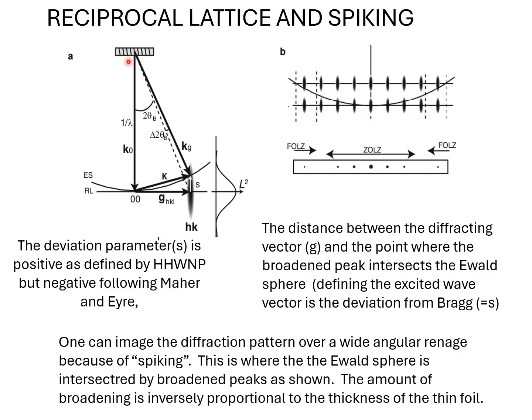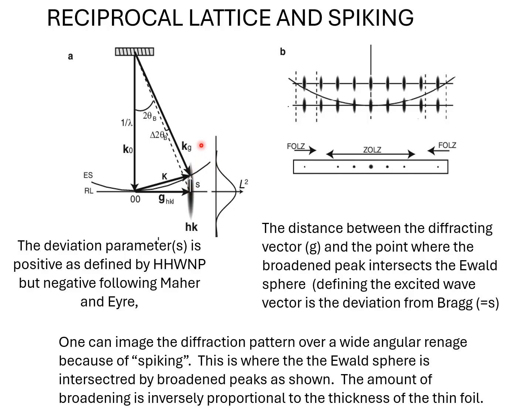So we have an electron beam coming down through the crystal. We have planes in the crystal which are scattering the electrons, and at certain angles we get very strong diffraction.